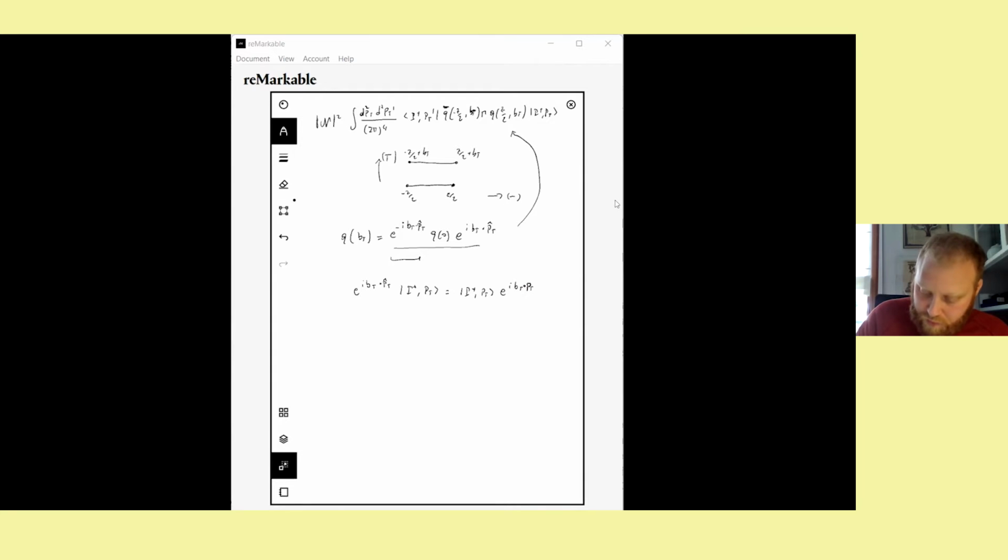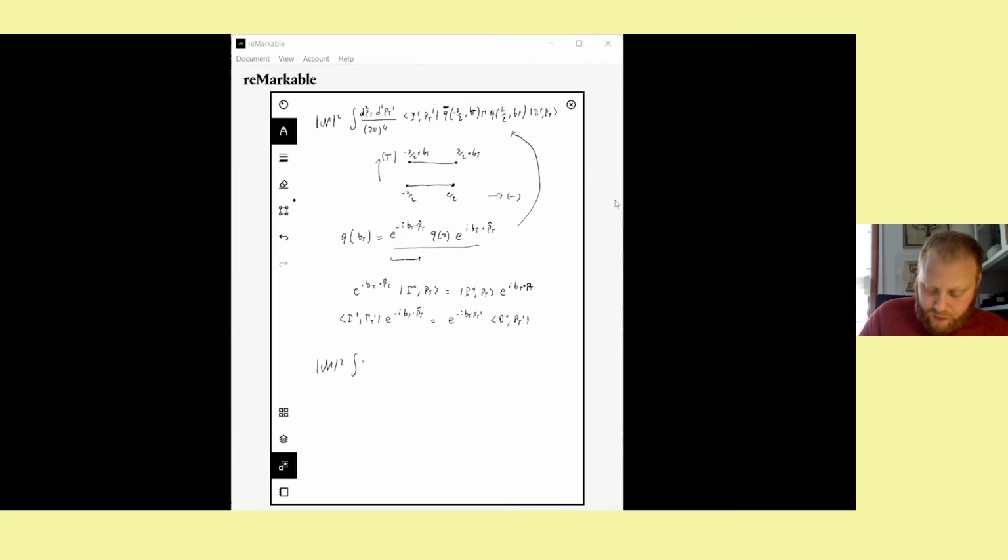Now this pt is not the operator anymore, it is the eigenvalue, the momentum of the state. On the left-hand side you get the same with pt prime, acting on p plus pt prime.